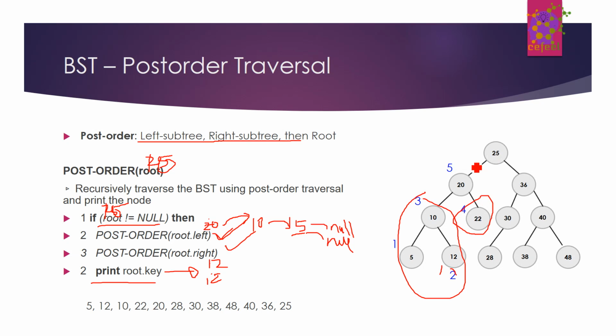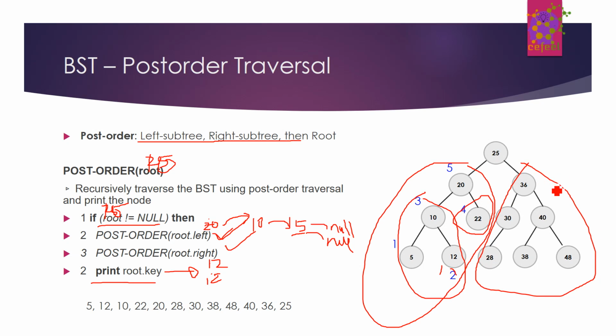Once 20 is printed, 20 will return back to 25. For 25 the left subtree is done, but 25 won't be printed here because its right subtree is still there. So the call will go to the right subtree, which will make a call to 36, and that will make a call to 36's left subtree, which will make a call to 30's left subtree, and 28 will be printed next.